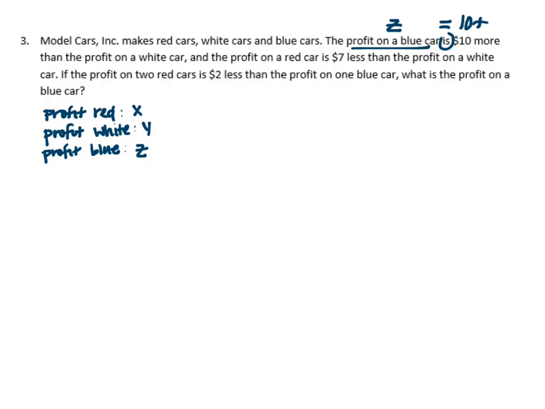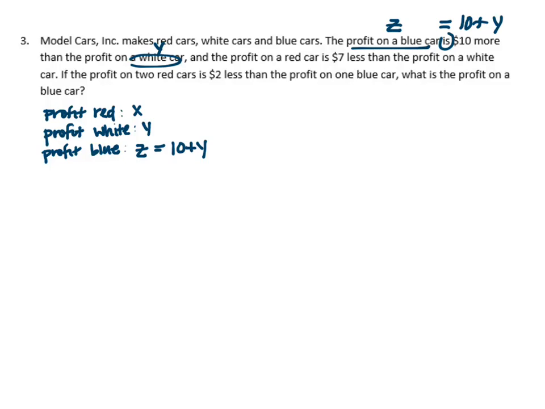And the white car we're going to represent using the letter y. So we can then write our first equation of z equals 10 plus y. So let's go ahead and write that down here, 10 plus y.